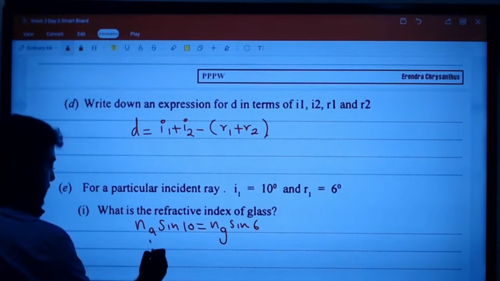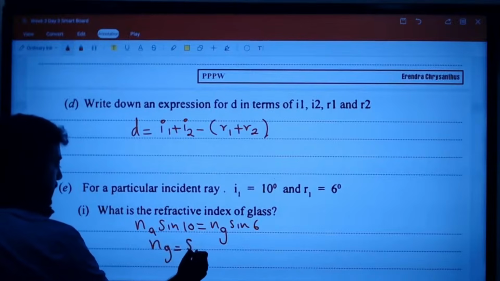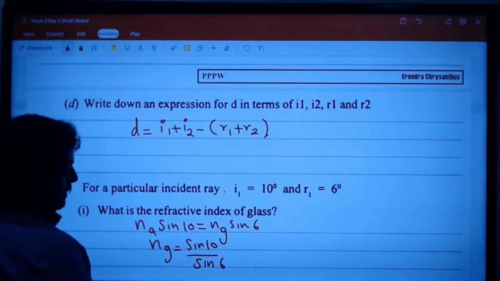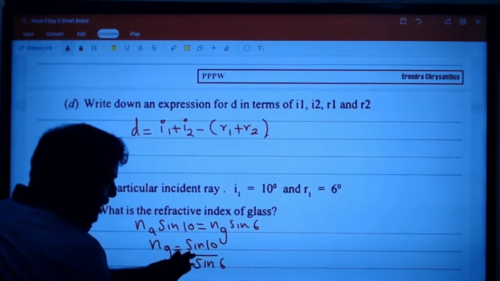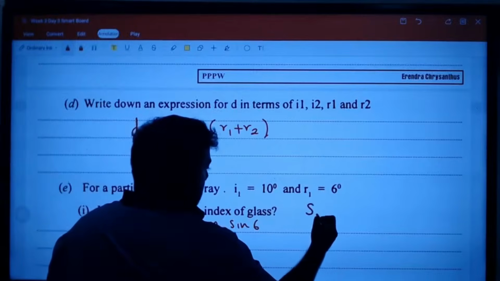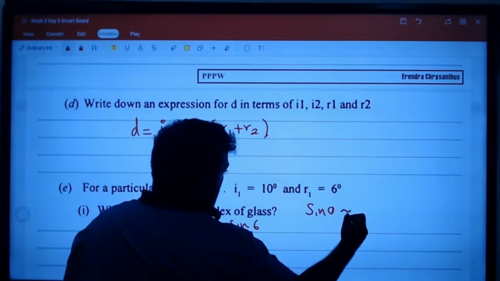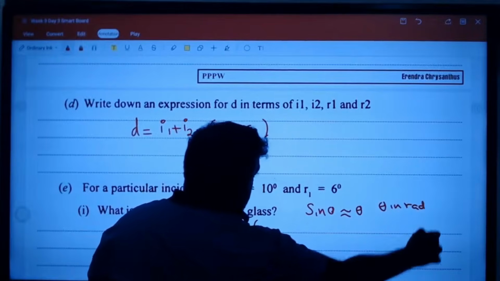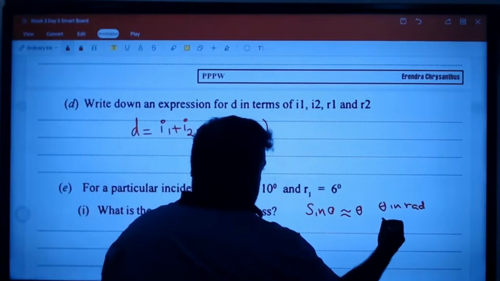So small angles means sin 10 divided by sin 6. The radians are equal, but here the reality is this. Sin theta is approximately theta in radians, not in degrees. What's the correction?